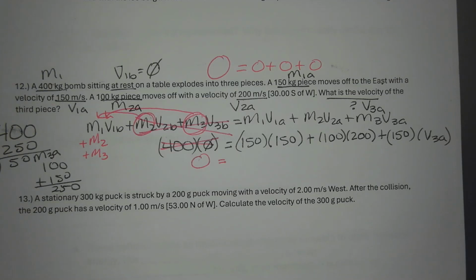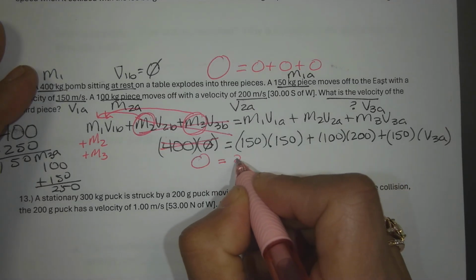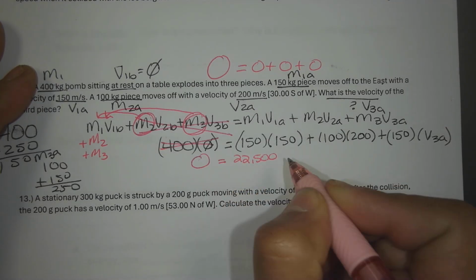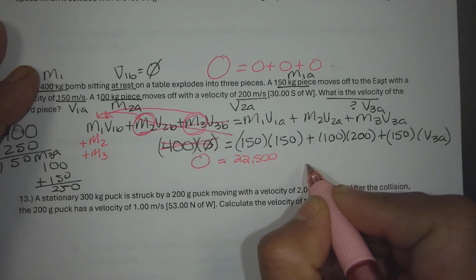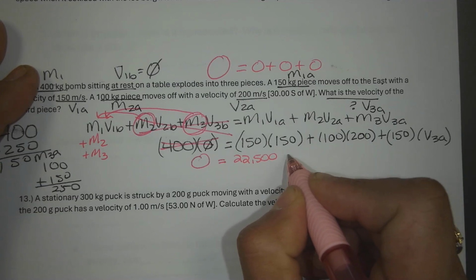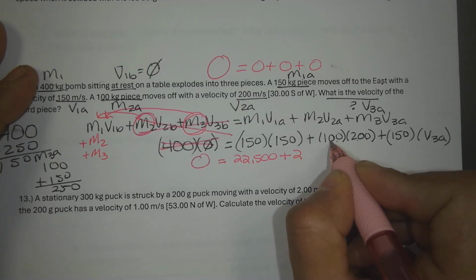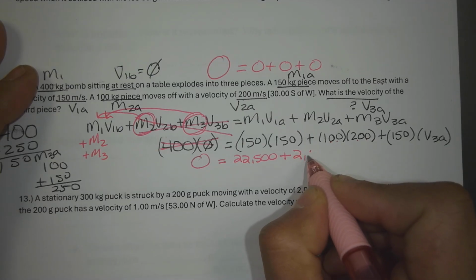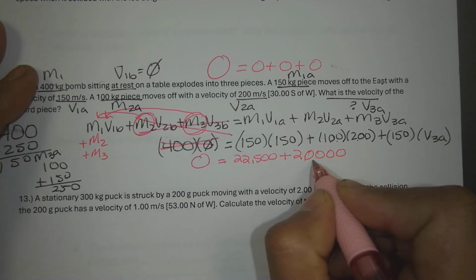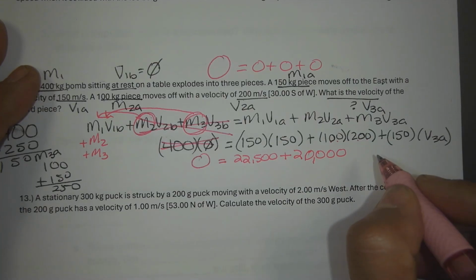Double check my answer from this morning. I got 22,500. I could have been wrong. 100 times 200 equals 20,000. 1, 2, 3, 4 zeros. There we go.